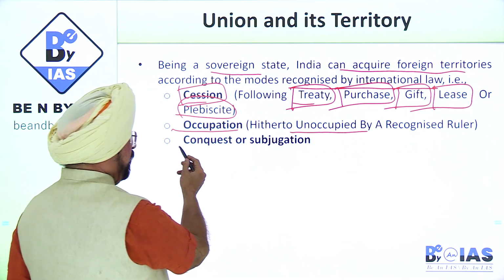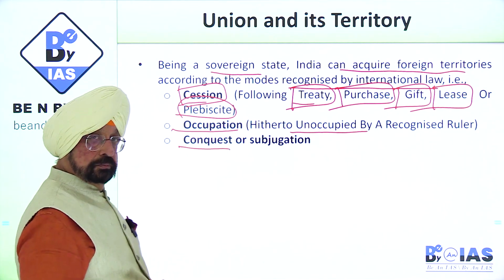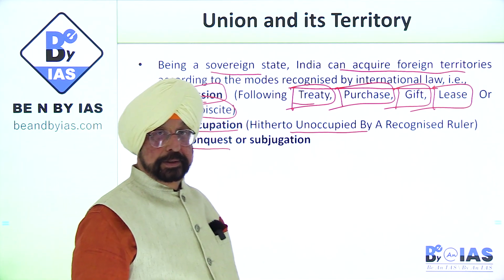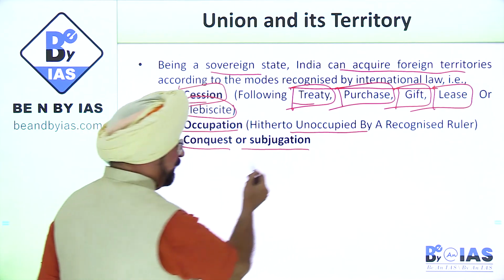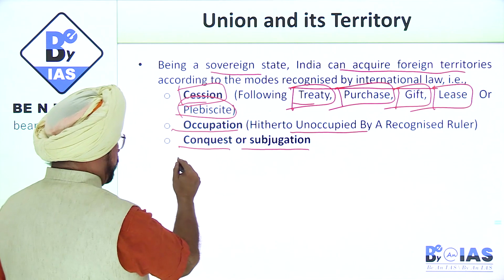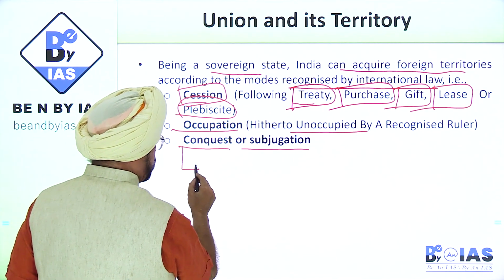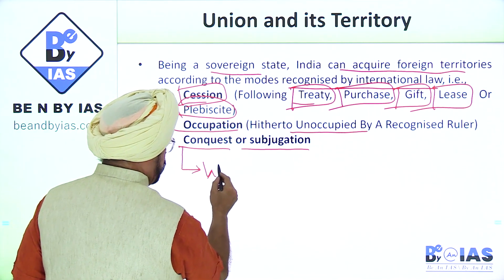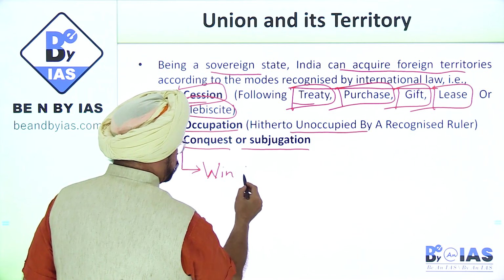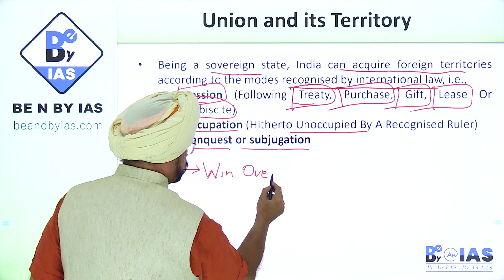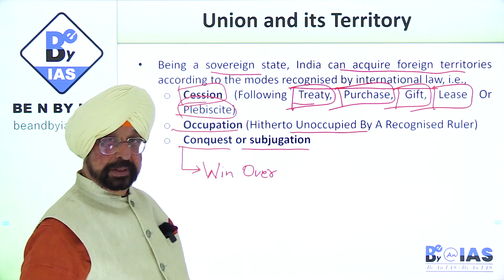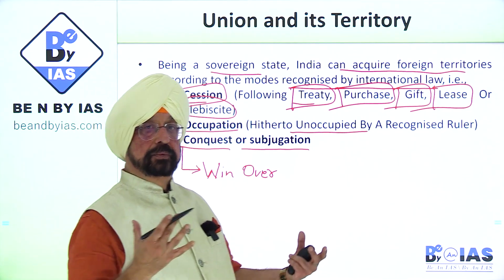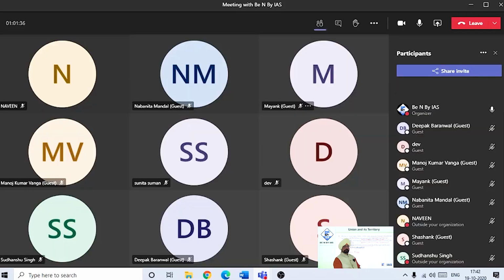And third is by way of conquest, that you win it. Or subjugation. What is the difference between the two? In the case of conquest, you win over. You go, you fight with the people who are occupying that and win over. So you conquer them.